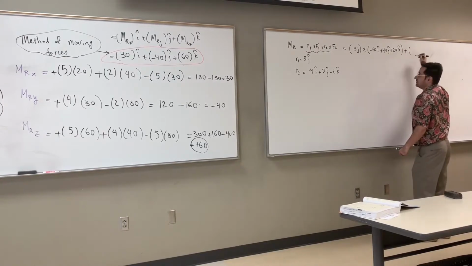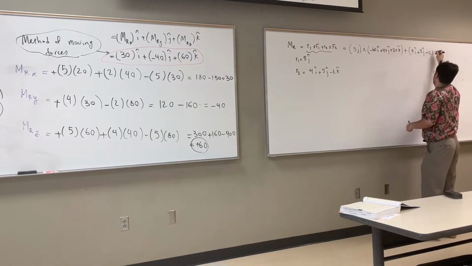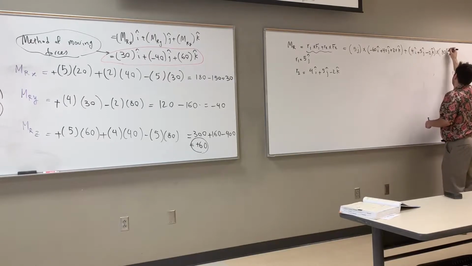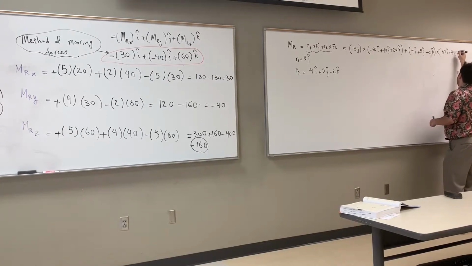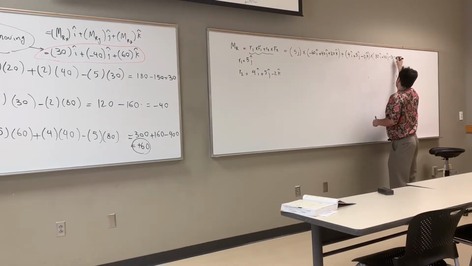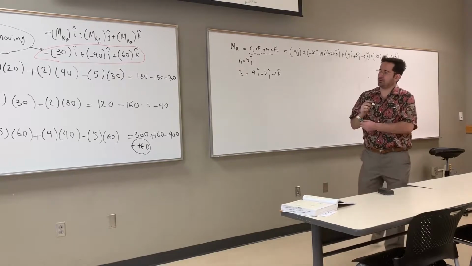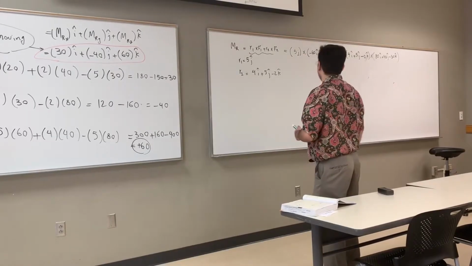Plus R2, which is 4i plus 5j negative 2k, cross 80i plus 40j minus 30k.